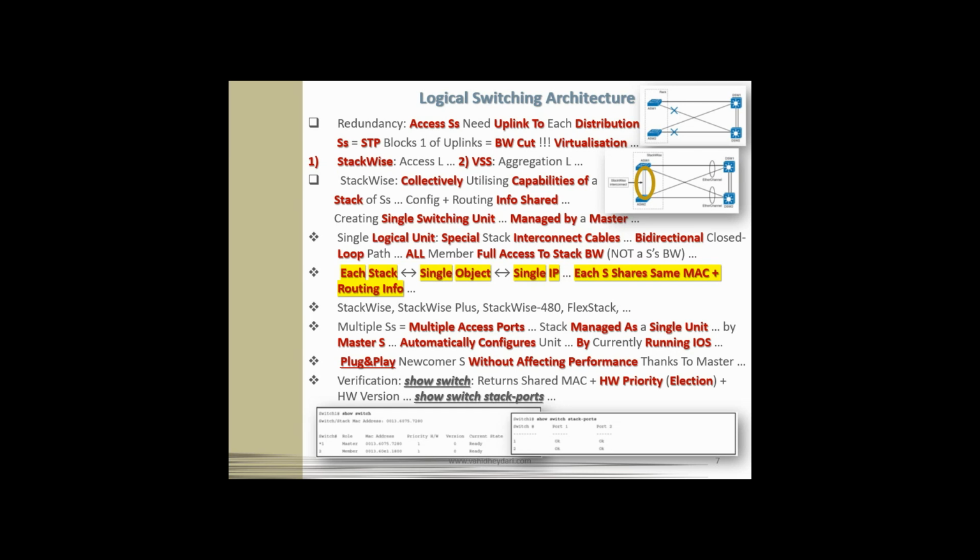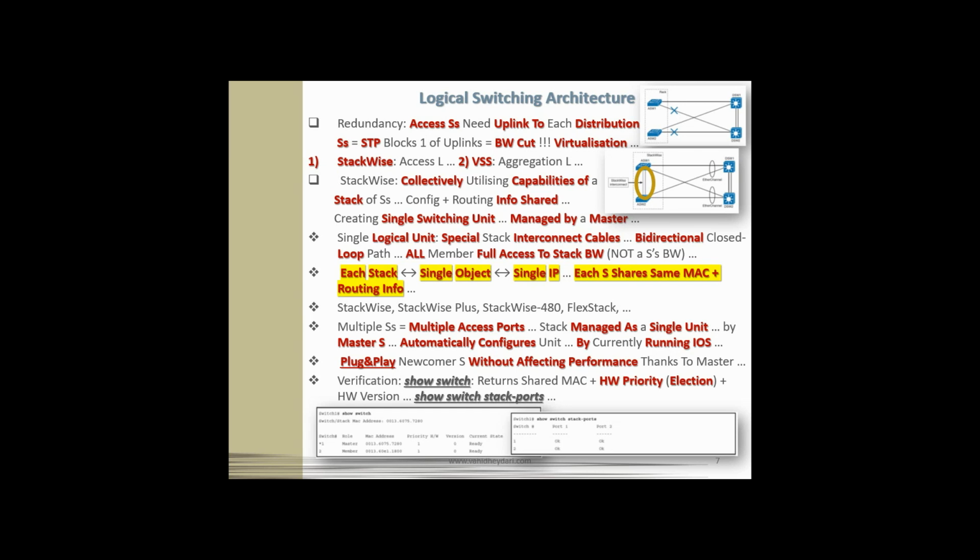And we know that StackWise is Cisco's access layer technology for allowing multiple switches to be united together and to be managed as a single unit. Now you see how using the stacking connectors, this is doable.